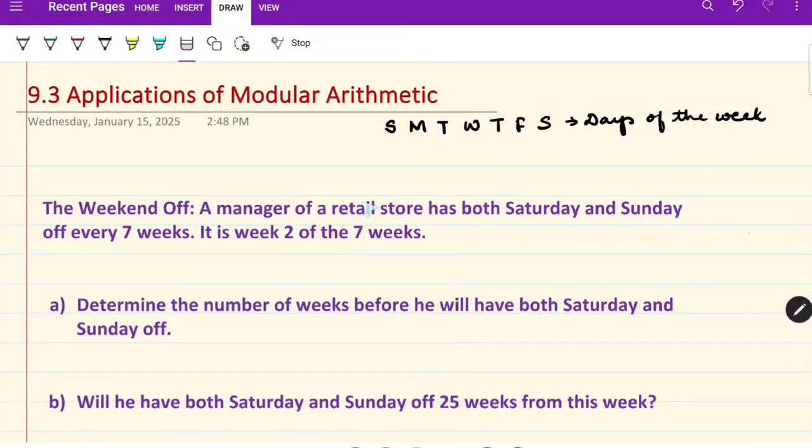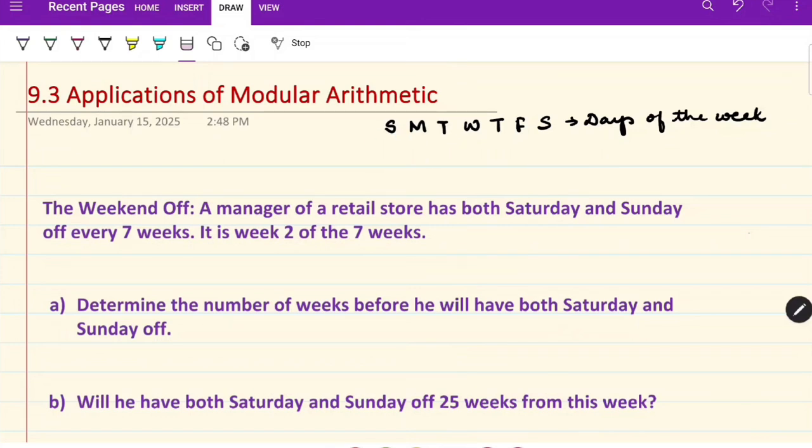Hello everyone. Today we are going to work on an example which will be an application of modular arithmetic. As you recall, modular arithmetic helps us solve problems with situations that move in a cyclical fashion.